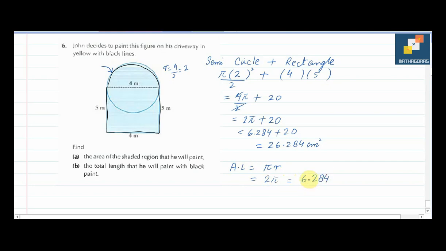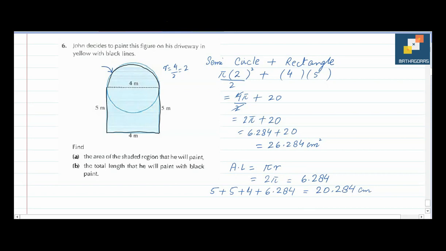Now we need to add up all the lengths, so it will be 5 plus 5 plus 4 plus 6.284. So 5 plus 5 is 10, 10 plus 6.284 is 16.284, plus 4 is 20.284 centimeter, and that is the perimeter, or you can say the shaded boundaries, right?